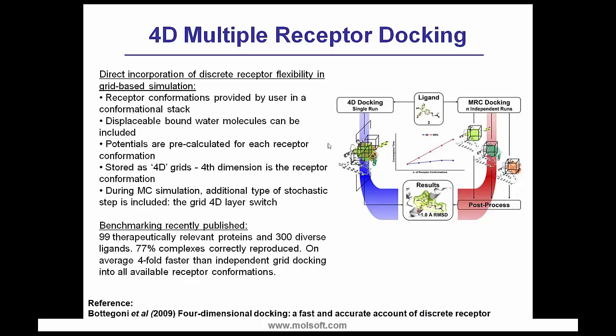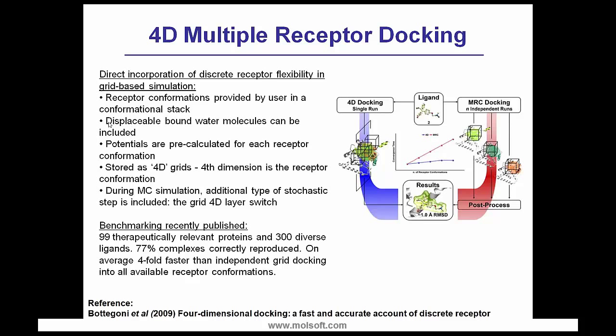So basically it's an ensemble of structures. Ideally you'd have more than one crystal structure, which represents the flexibility in your ligand binding pocket. The receptor conformations are in a stack, which I'll show.